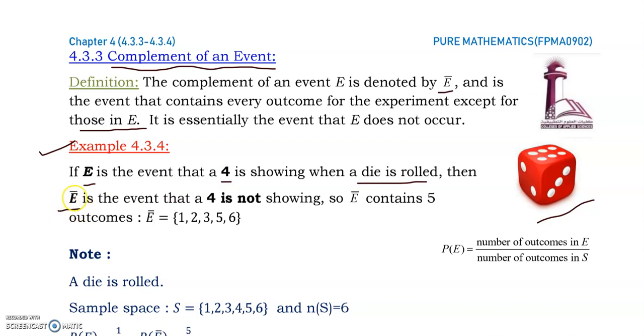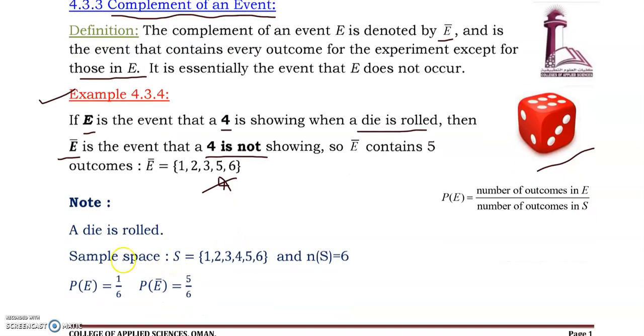E bar, that is complement of E, is not showing 4, which means E bar is equal to 1, 2, 3, 5, 6, because E bar means the complement of E. Here E is 4, so complement of E, E bar, is denoted by 1, 2, 3, 5, 6, which is not having 4, okay.